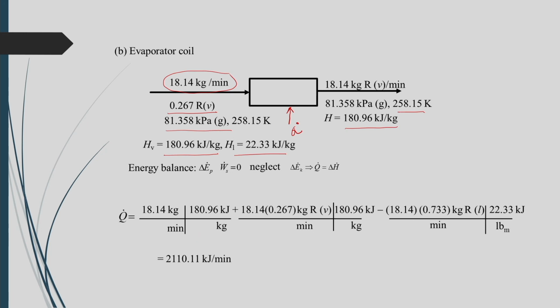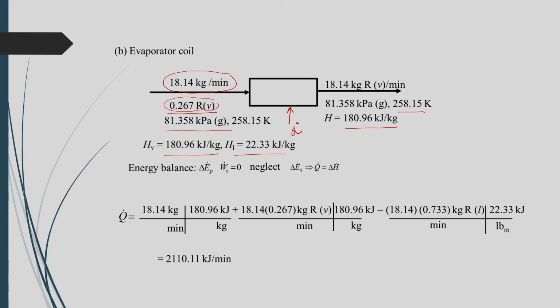So, this fraction of vapor will be coming to the evaporator coil, as well as the other part of the refrigerant, 1 minus 0.267, that fraction as a liquid, will go to the evaporator coil.